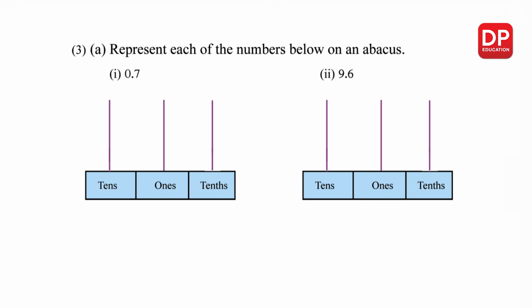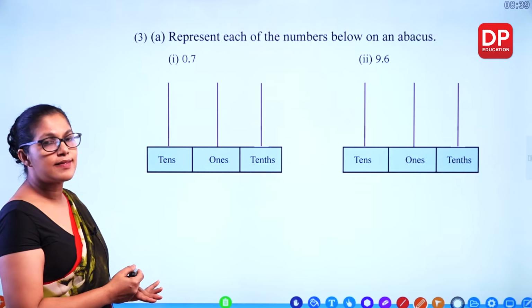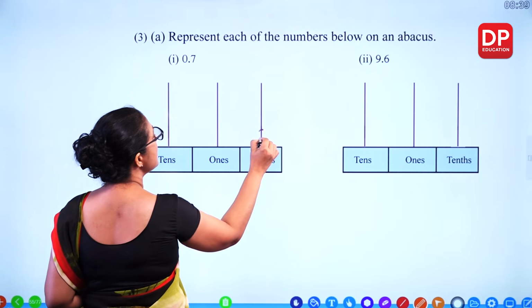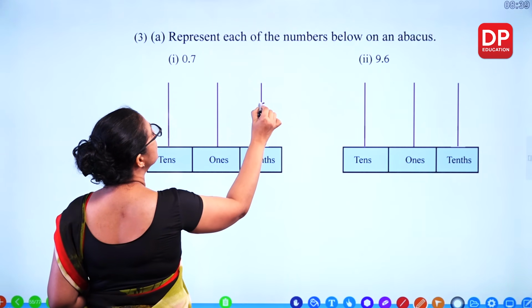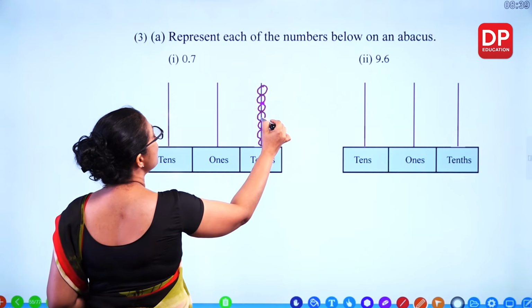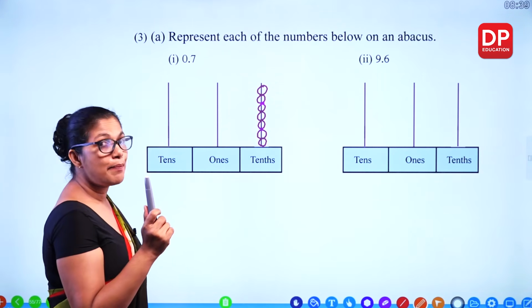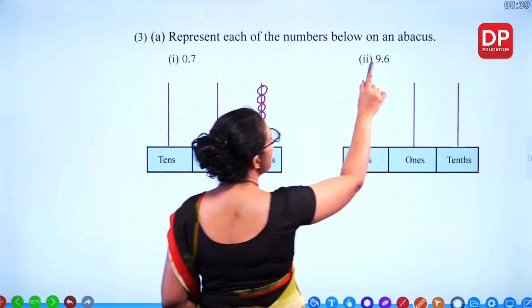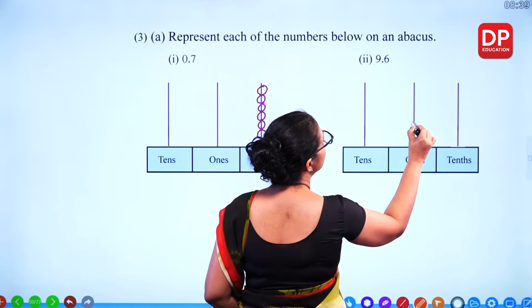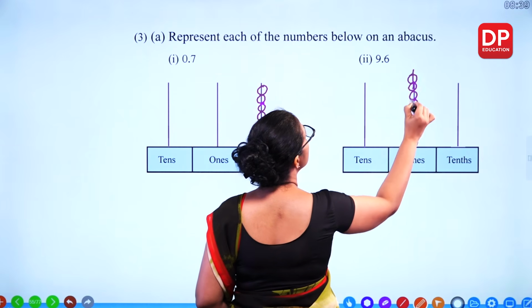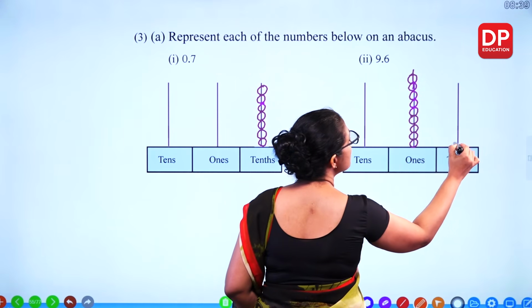Represent each of the numbers below on an abacus. So this is tens place. So that means 7 here. 1, 2, 3, 4, 5, 6, 7. 7, they are in the tens place. 9.6. Ones place 9 and 6 in tens place.